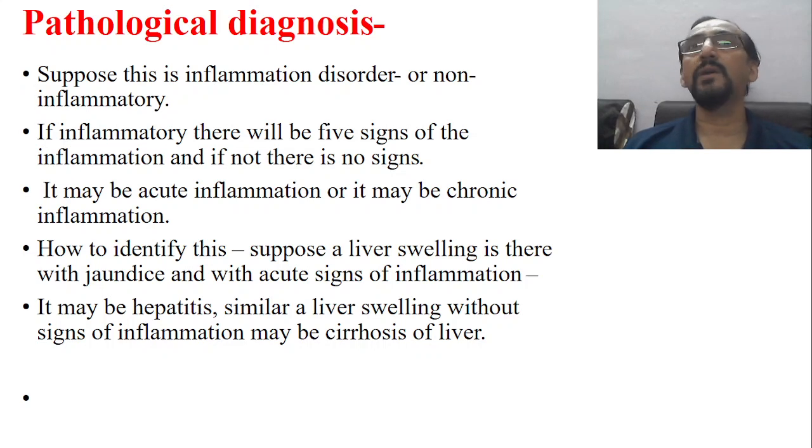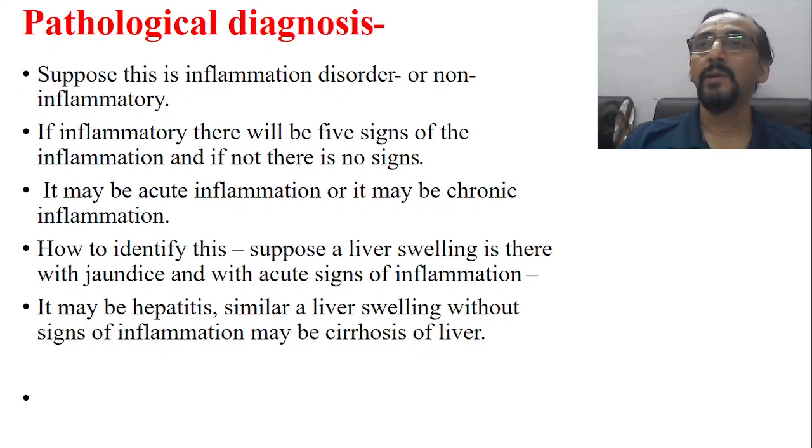For example, if you talk about degenerative disorders, suppose a child has attained all the milestones up to 1 year, and after 1 year he gradually loses all the milestones that he has achieved. Up to 1 year the child was fine, and after that whatever milestones he achieved gradually decreased. The child was walking at 10 months, but by 15 months the child is not able to walk, and is not even able to stand. That means the skills he attained, he lost. So what does it actually suggest?